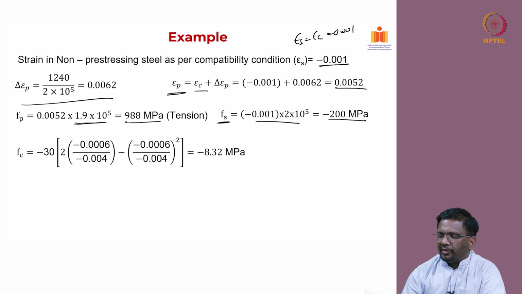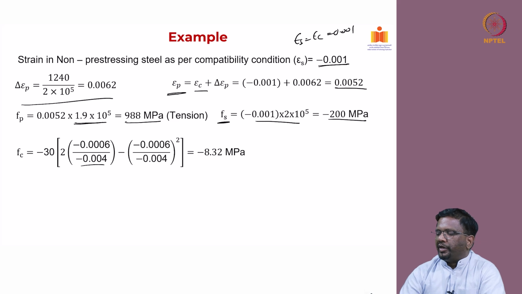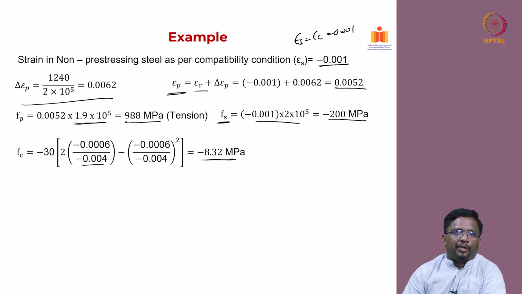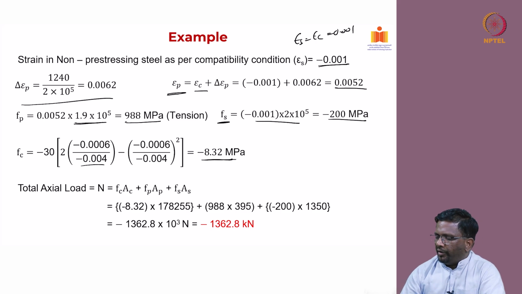Now, what is the stress in the concrete? I have to use epsilon prime C of 0.004 and actual strain in concrete of 0.0006, and you get a stress of only 8.32 megapascal. So, you substitute in your axial load, and you get a value of 1363 kilonewton. So, this is the total compression load corresponding to a strain of 0.0006 induced by stress, right.